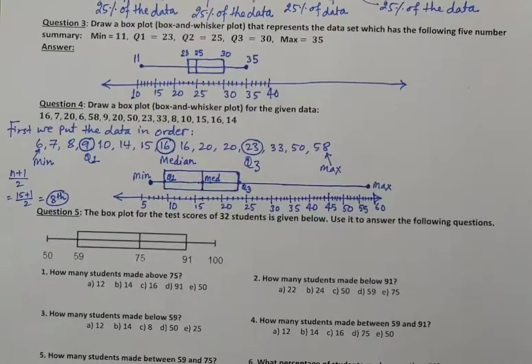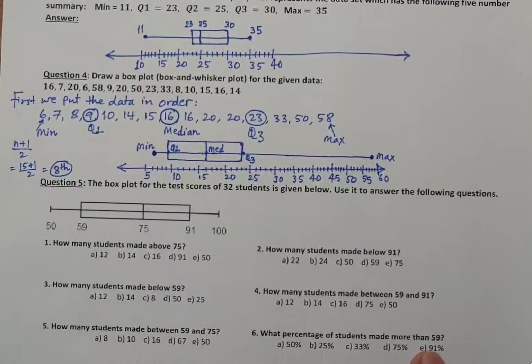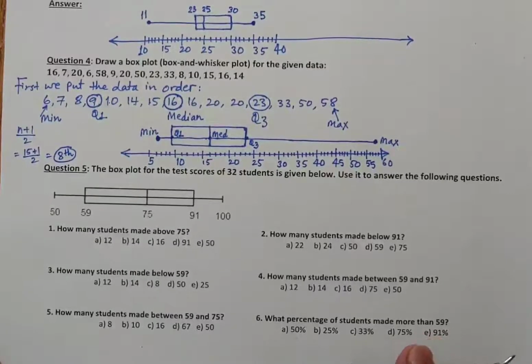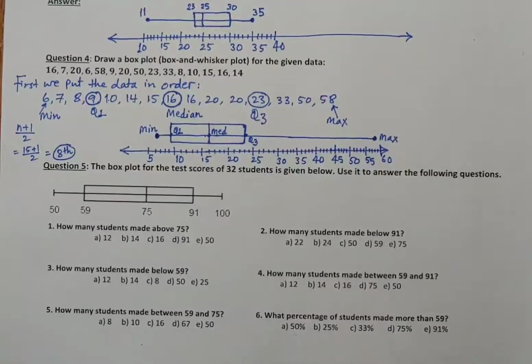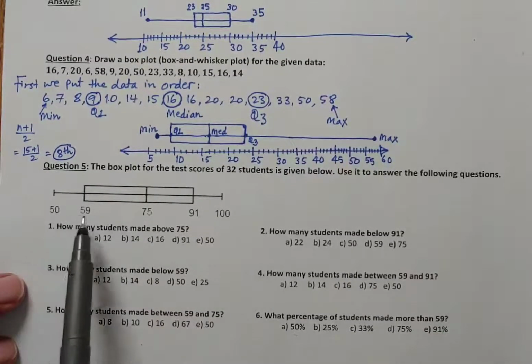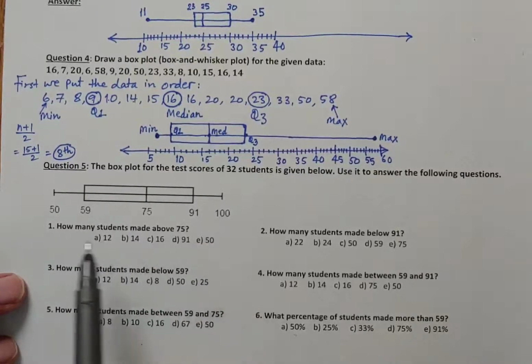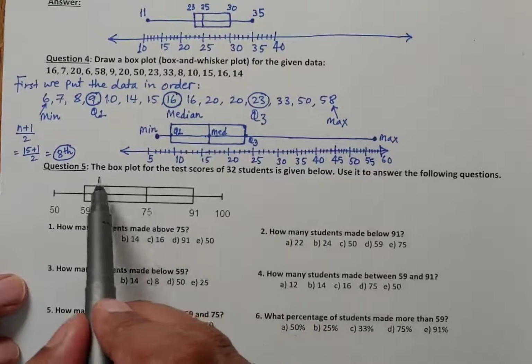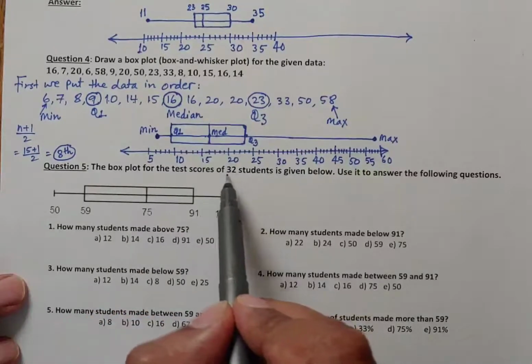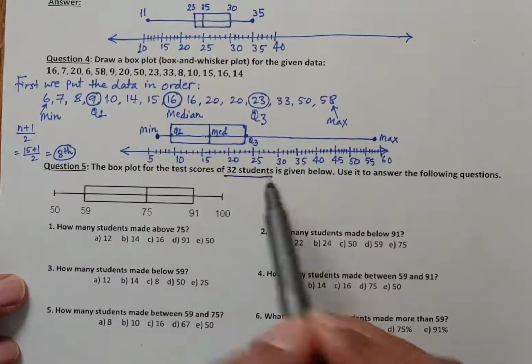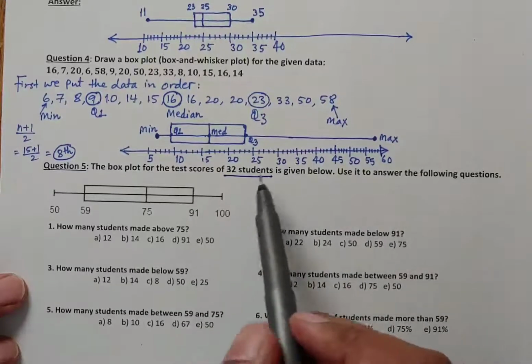Now here is a question that says, study the box plot given and answer these questions. A box plot is given: 50, 59, 75, 91 and 100. It says the box plot is for the test scores of 32 students. 32 is the total number of students in a class.